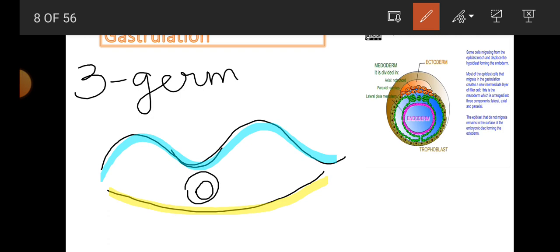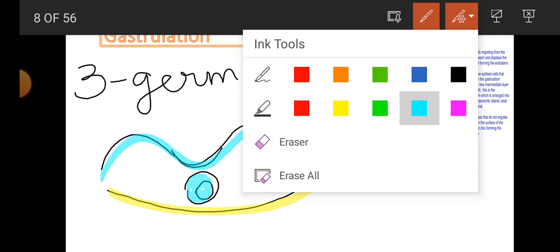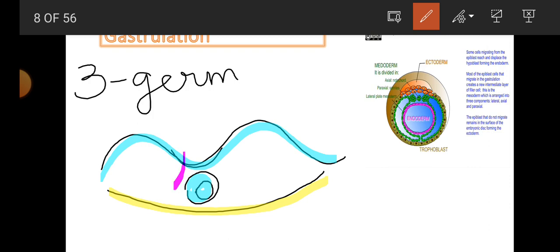After this, the cells from the epiblast migrate down underneath the epiblast and between the hypoblast, and they fill this area, giving rise to three layers of cells.